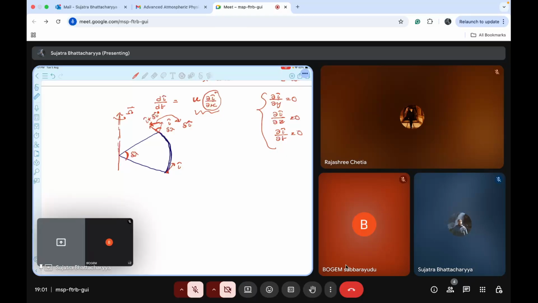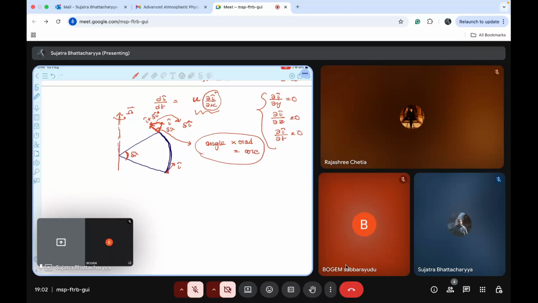And what is the magnitude of these small vectors which I have drawn? These are one, because they are unit vectors. I hat magnitude is always one. Remember this. So if I apply here, you know that angle into radius is equal to arc.